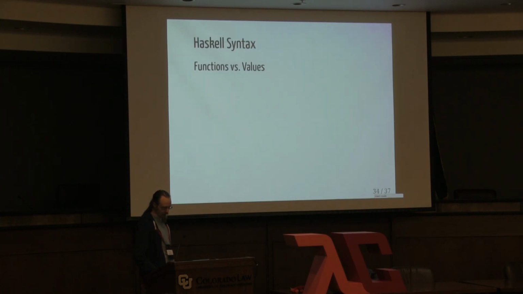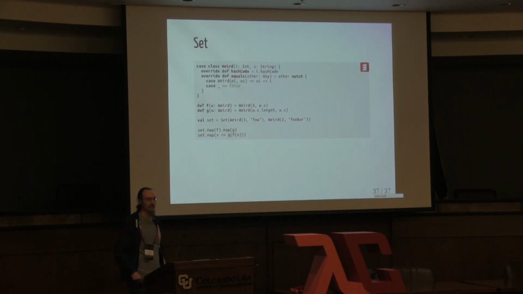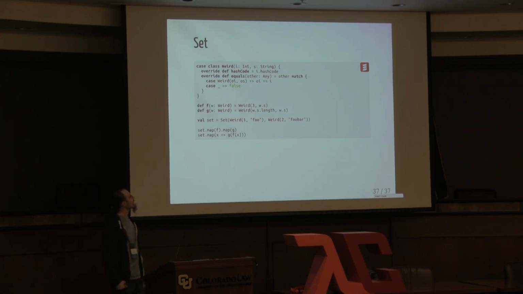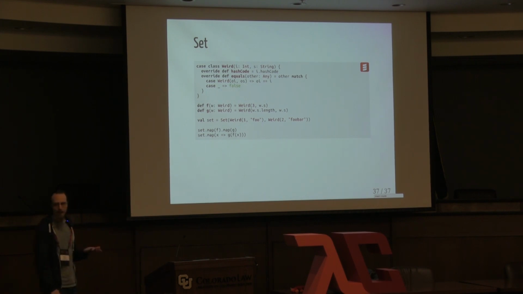Right, I also have one last thing, which is how do you break the functor laws of Set? Now, this is a little bit of a contrived example because it defines a hash code and an equals, which is how a set in Scala does the equality check between two objects.